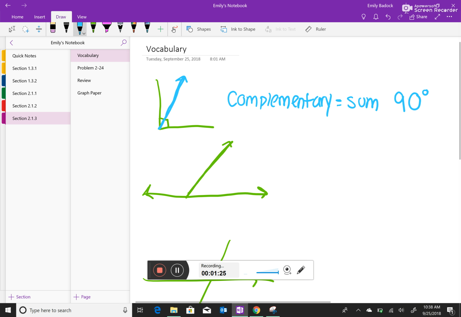So just a quick refresher, complementary means sum to 90, which means these two angles right here sum to 180, which means they're supplementary.